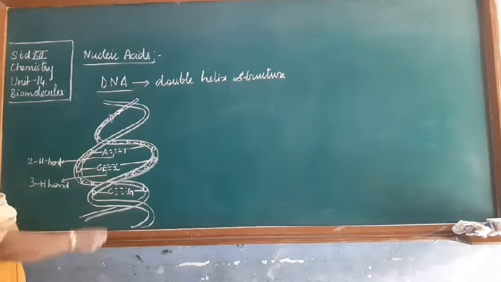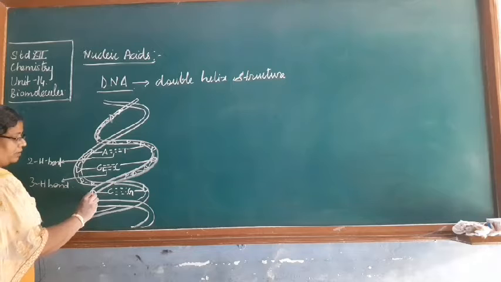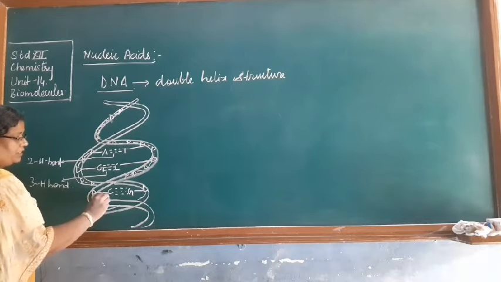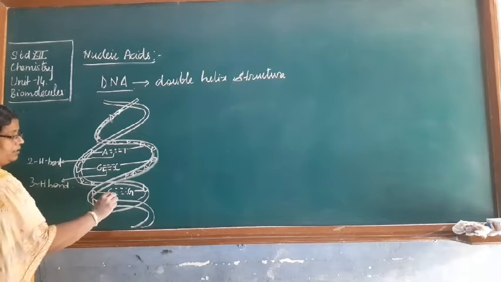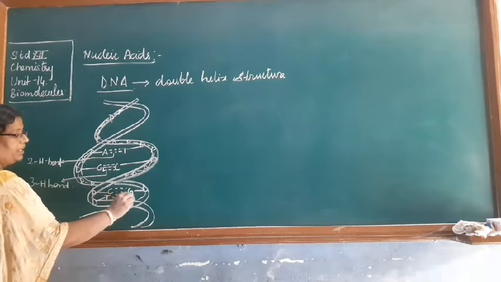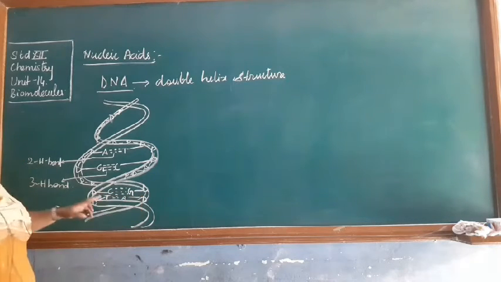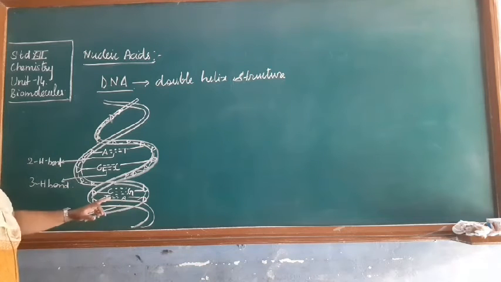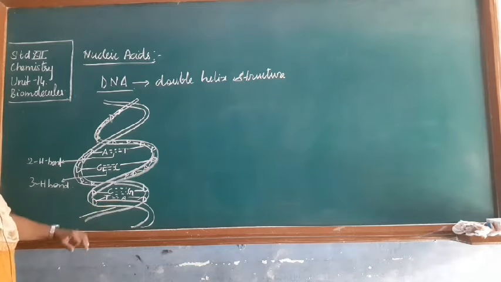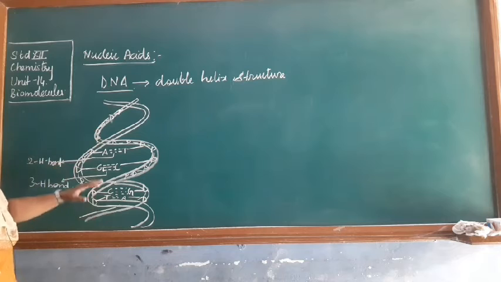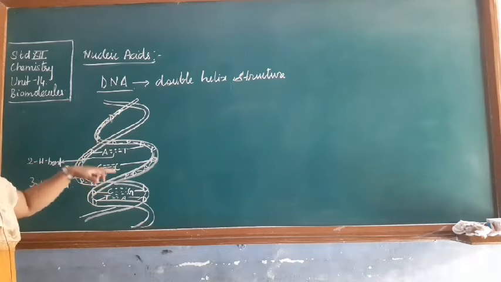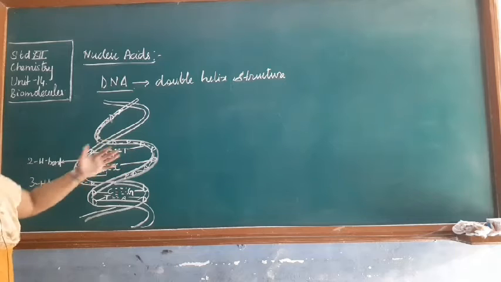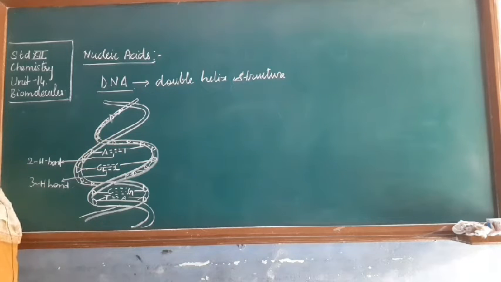Okay. Similarly, if here you have sugar with A or with thymine, then always it will be bonded with T or A, the complementary base. So in this way you will always find that one strand is arranged in a complementary manner to the other one.